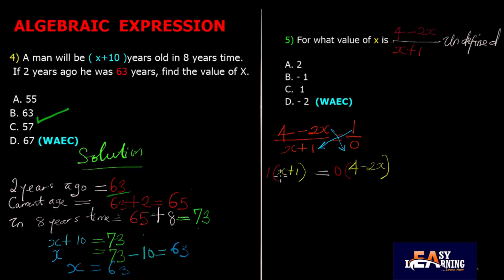Multiplying this out, 1 times everything in this bracket is still x plus 1, and then 0 times everything in the other bracket is of course 0.